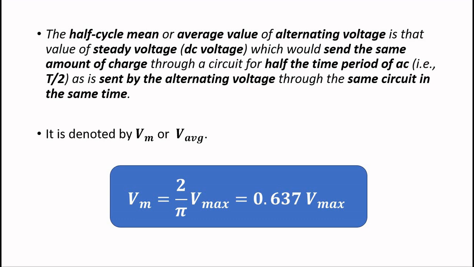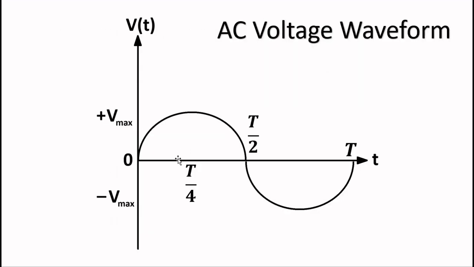So what we are trying to do is, suppose we have an alternating voltage waveform and we consider this positive half cycle of duration T by 2. Suppose this portion of the alternating voltage is applied to a circuit.